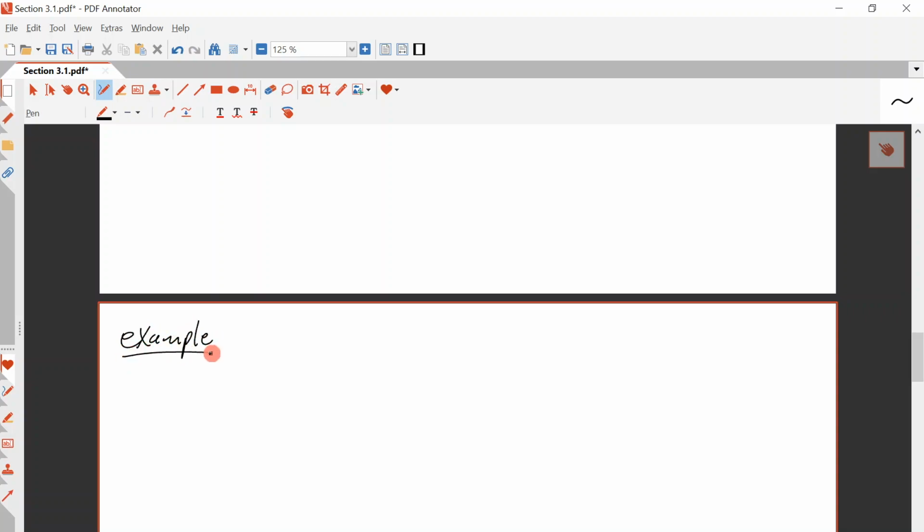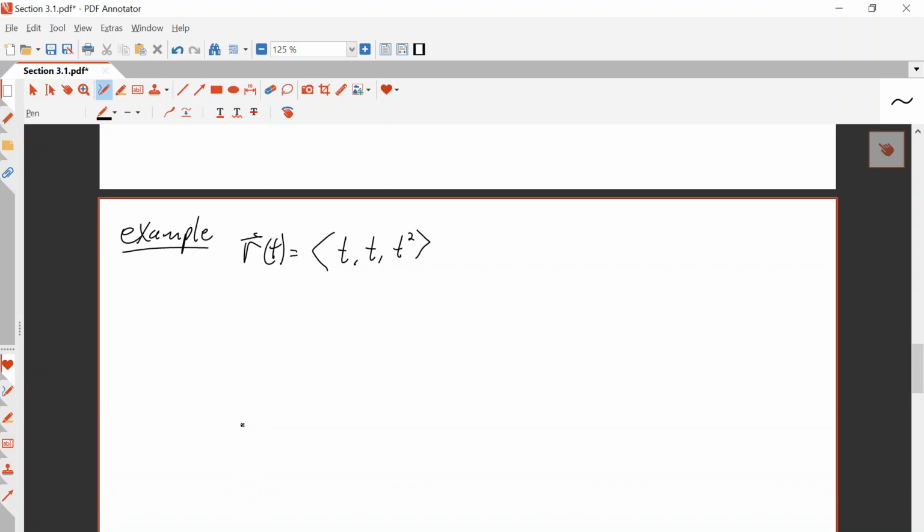Let me give you an example of that. r of t equal to t, t, and let me put 2t squared.